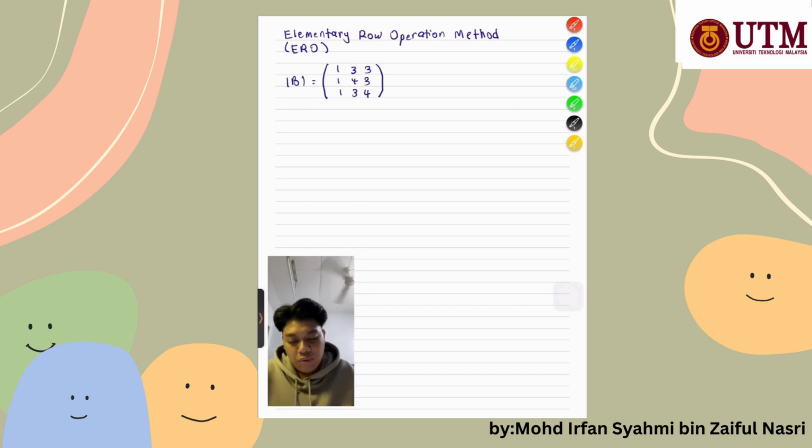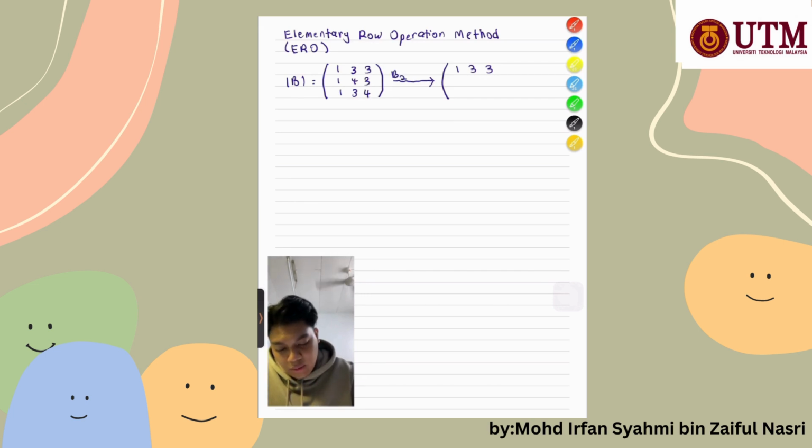So what we're going to do is arrow here, and if the first row is okay, we just copy it down, and then the second row. We subtract the second row with the first row.